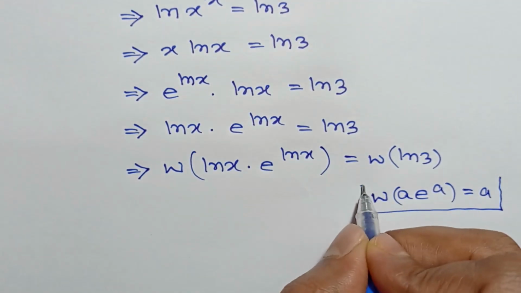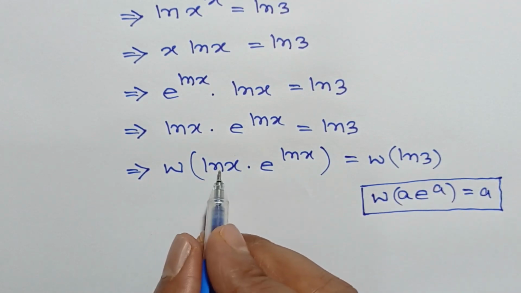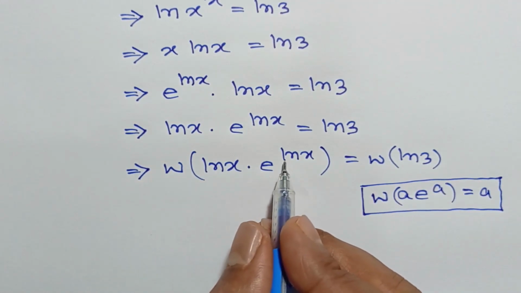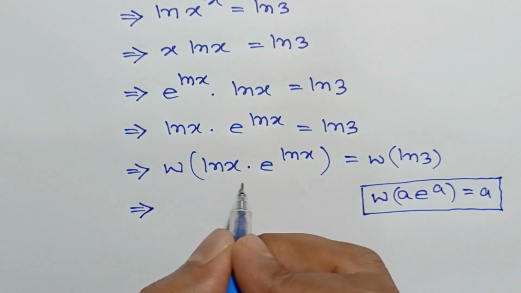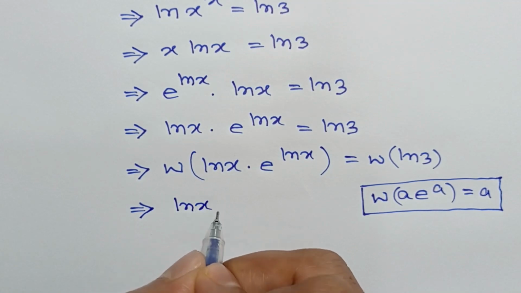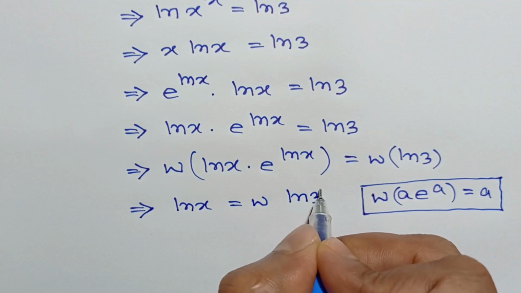Applying this rule to the left side, it can be written as ln of x is equal to W of ln 3.